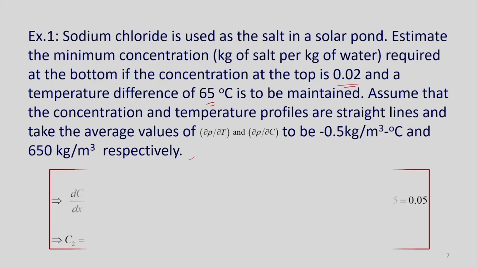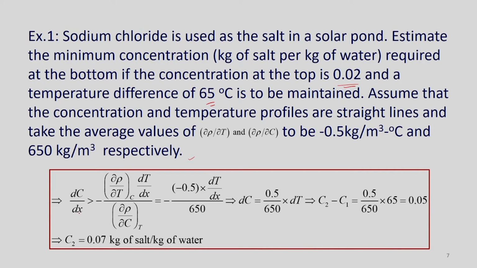We know the stability criteria, something like this: dou rho by dou C times dC by dx is greater than dou rho by dou T multiplied by dT by dx. We can substitute the values given in the problem. So, this is 0.5 dT by dx, and then we have 650, which is the density, and dC is something like this with simplification.